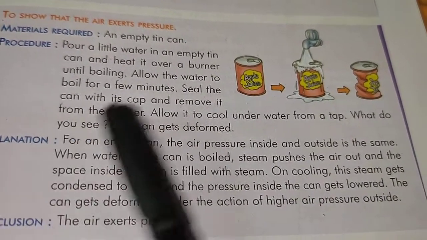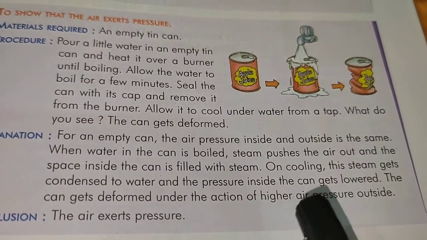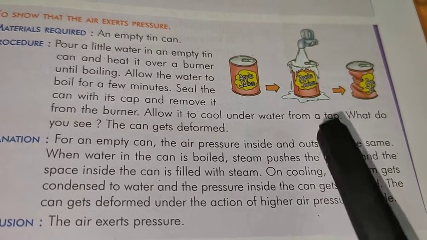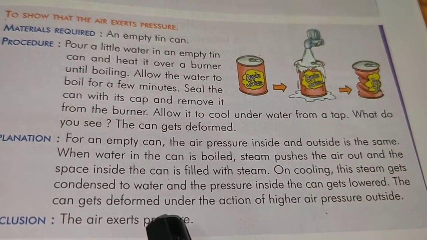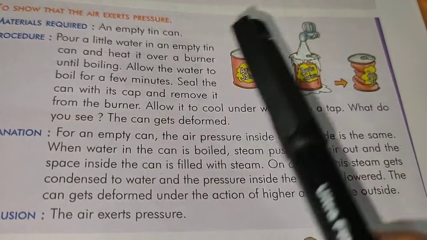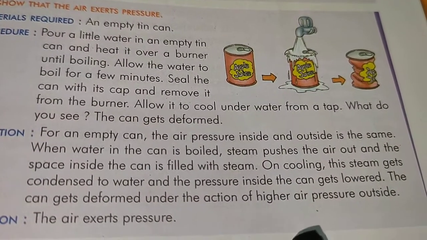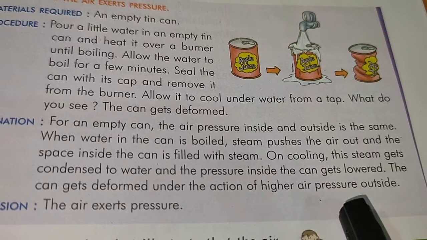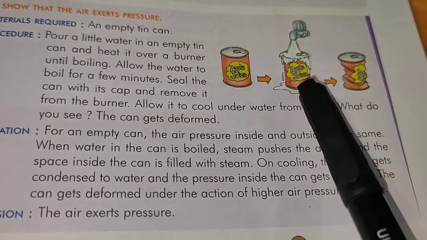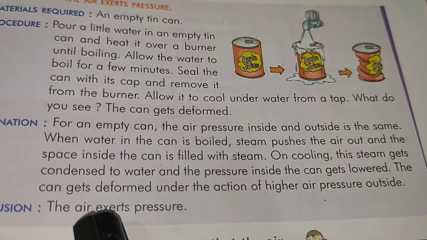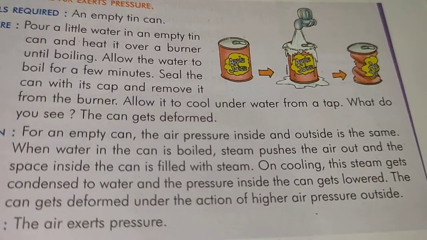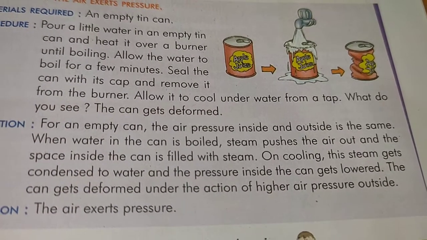I think it's very clear to you how, due to condensation, the steam transforms into water. Therefore, a vacuum is created inside the can and pressure gets lowered. That is why the can gets deformed under the action of higher air pressure from outside.